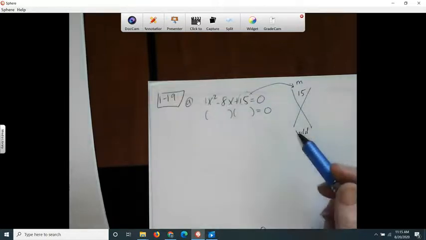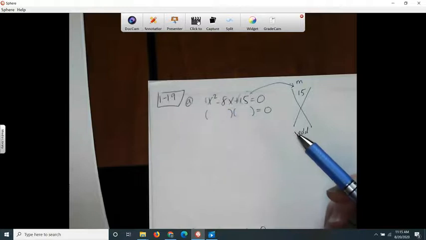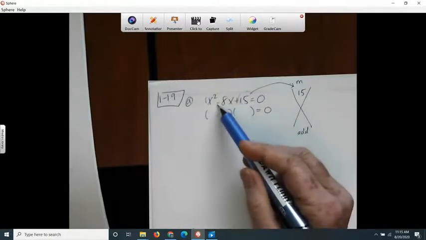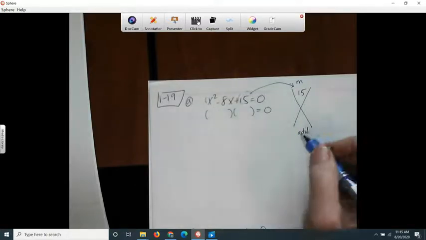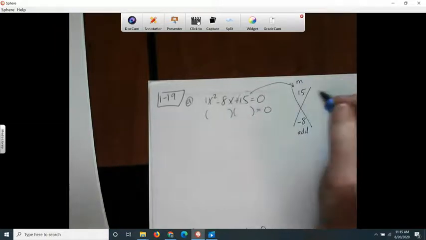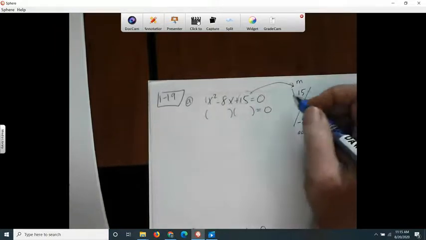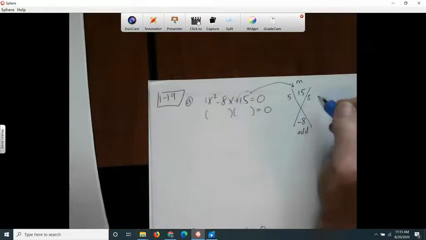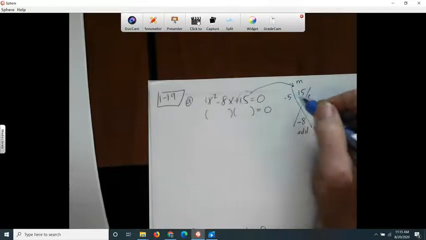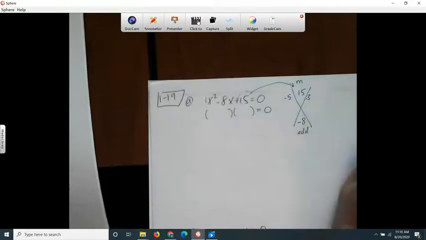And then I'm trying to find something that adds to make whatever the coefficient of x is, so -8. So then I ask myself, how can I multiply to make 15? I know 5 times 3. And actually, if I make these both negative, then I've got it.